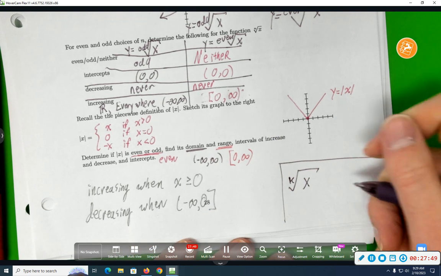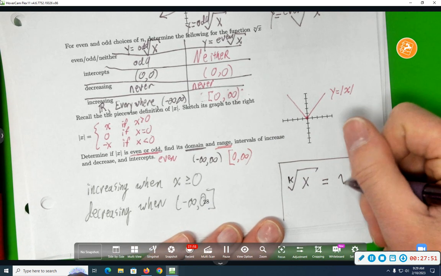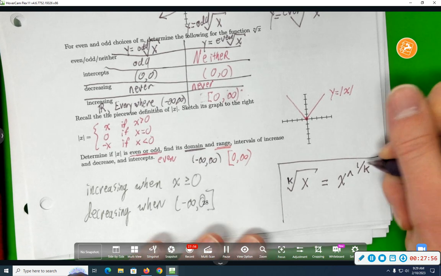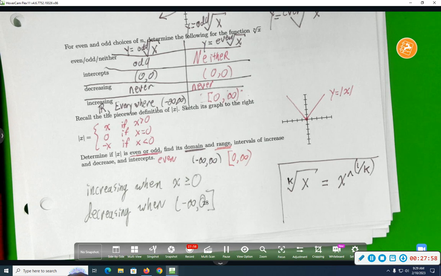If you ever want to think about the kth root of x, that will be given by x raised to the 1 over k if you want to interact with the machine while you do these things. Sometimes it's hard to figure out how you're supposed to input the 4th root of x into a computer. Groovy. Feel pretty good?